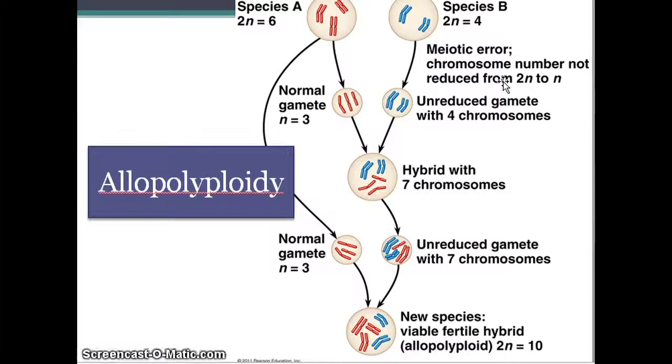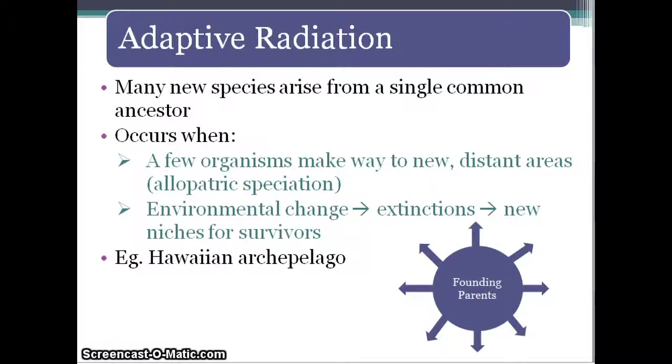Father, mother side doesn't really apply here, but the quote unquote father, quote unquote mother side. Okay, so an error in division will cause this kind of allopolyploidy to happen.